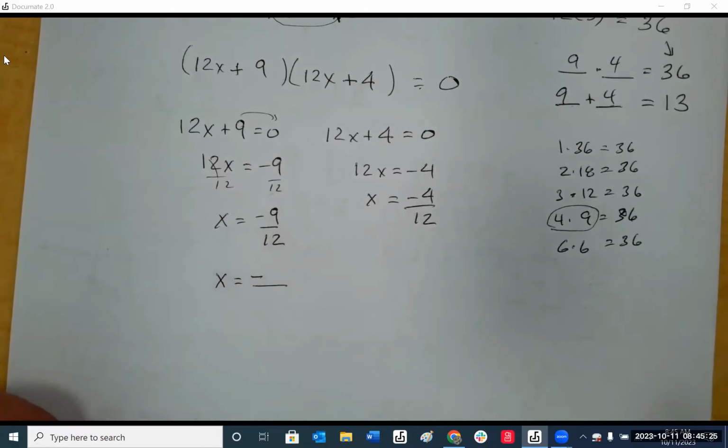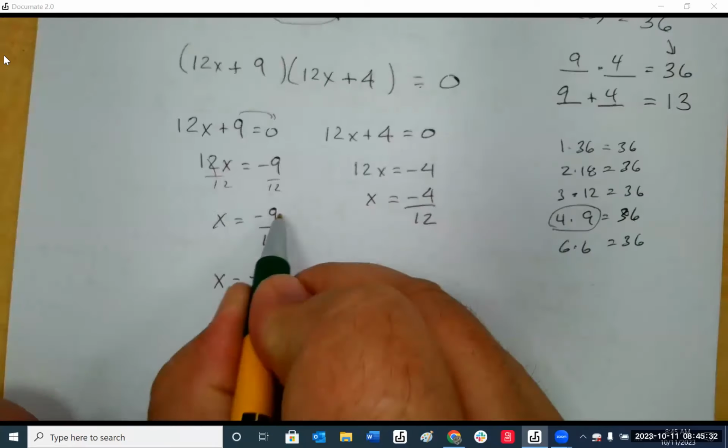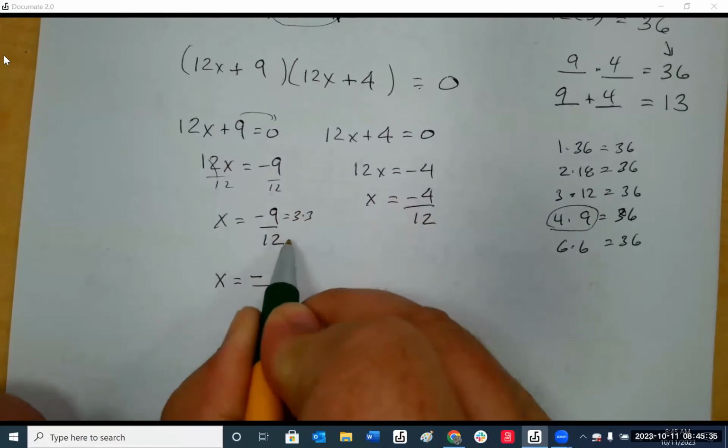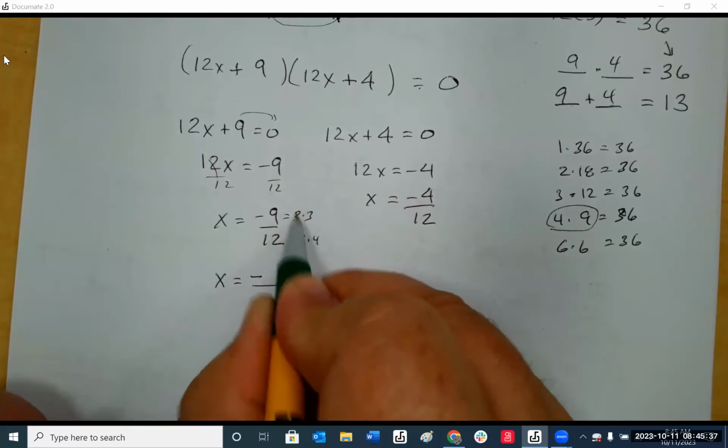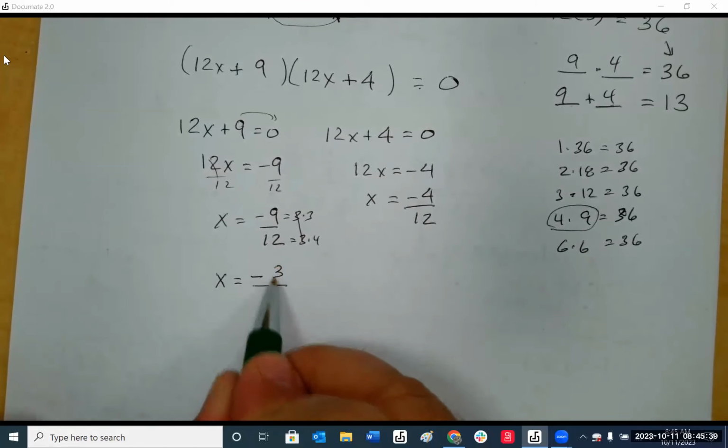What do 9 and 12 have in common? Yeah, 9 is made up of 3 times 3, and 12 is 3 times 4. So they both have a 3 in common. So it's 3 over 4.